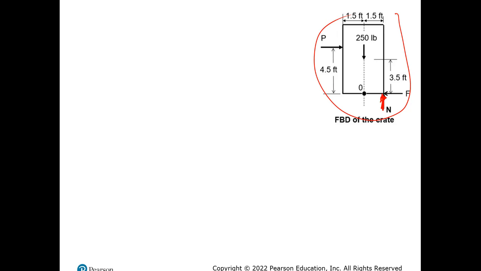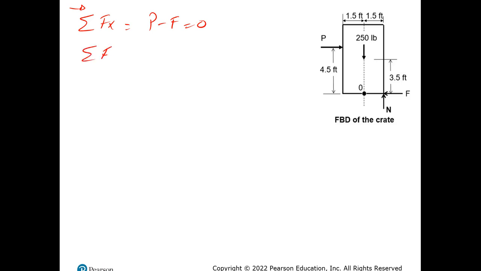If I do sum of forces in the X direction, it will be equal to P minus F, and that's equal to 0. Then sum of forces in the Y direction, I will have N minus 250, equal to 0.